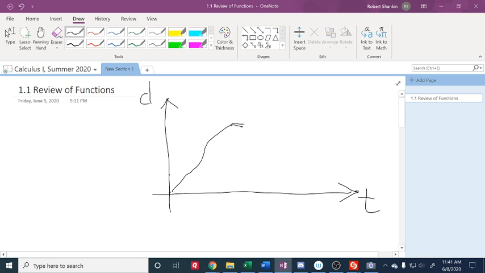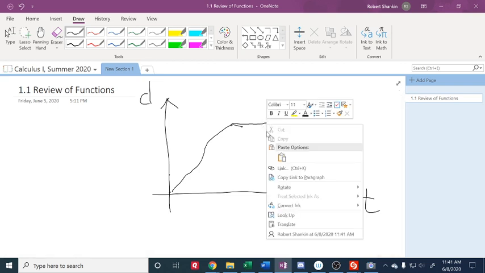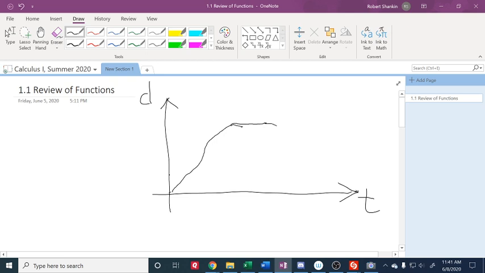Now while you're stopped, your distance from home stays the same. And then you start heading back towards home. And you wind up going very fast towards home. And then you slow down, and so on. And eventually you get back home.